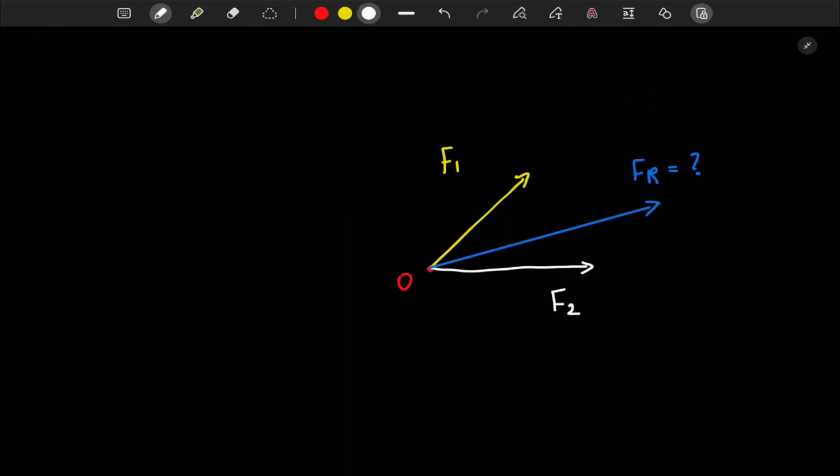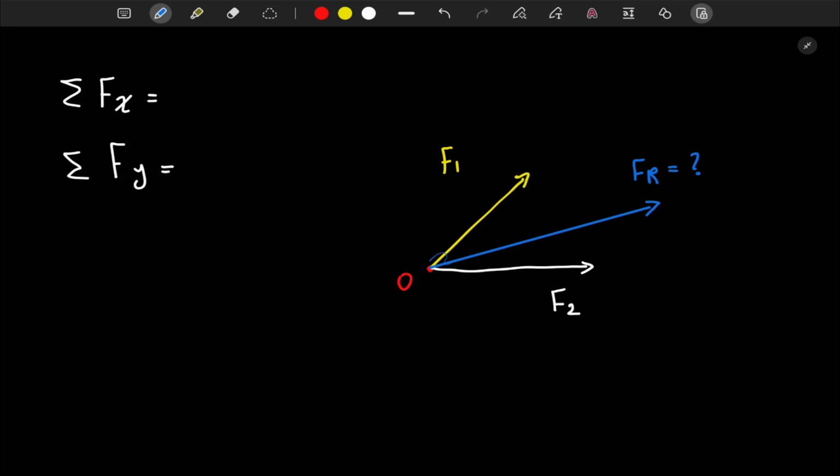Basically, how we go about solving this kind of problem is calculating the summation of the horizontal forces and the summation of the vertical forces.